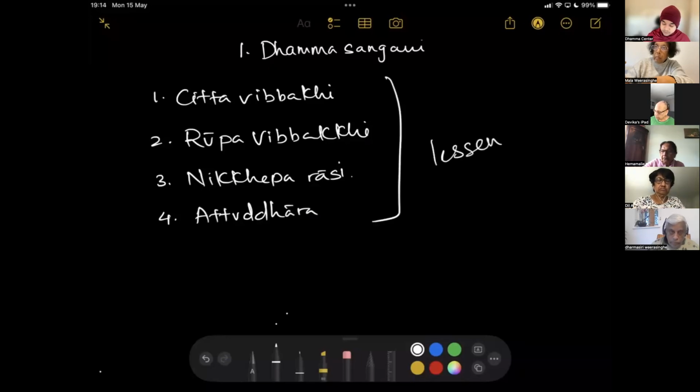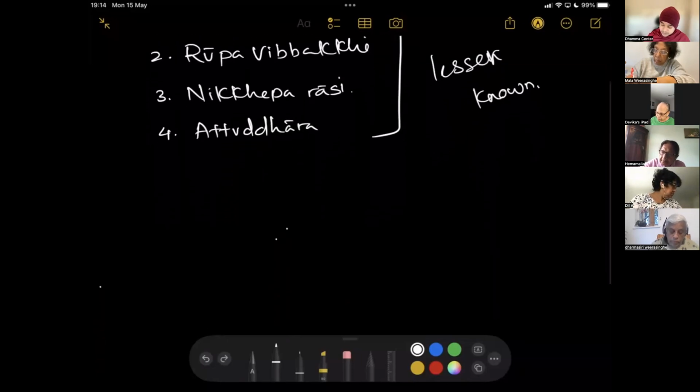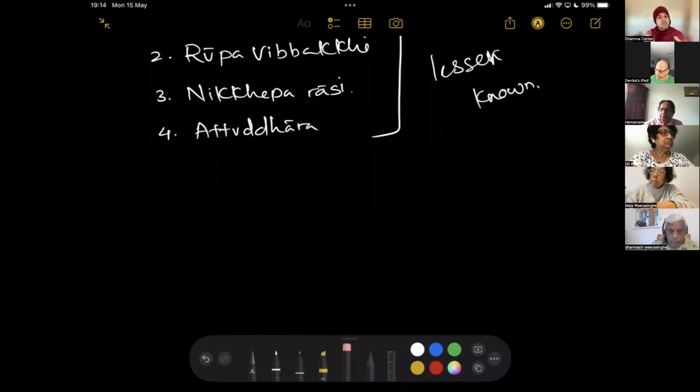The more well-known words that you might have also come across already are these. It's the same thing, just the lesser known is more traditional, more older. Of course, both are thousands of years old, but these are 2 terms for the same thing.